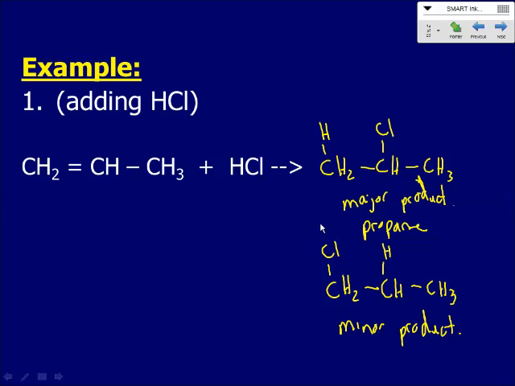So it's a 2-chloro. 2-chloropropane. And what's this one? 1-chloropropane. Okay? So Markovnikov's rule predicts the major product. That's not to say that the other one isn't made. It isn't made in the same amount.